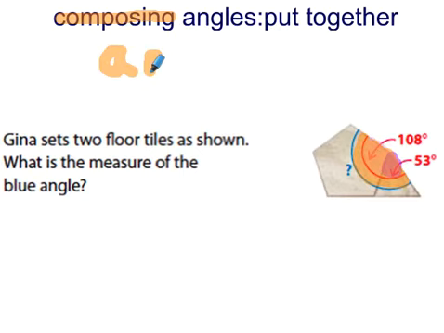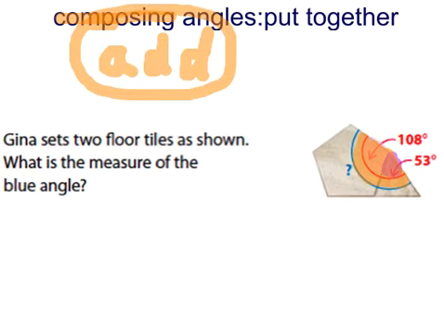Or if you have repeated addition in order to solve it, you can use multiplication. But you are adding. If you are putting together two smaller angles to find a larger angle, or multiple smaller angles to find a larger angle, you are composing your angles. And if you are composing, you are adding. So let's go ahead and compose these two angles.